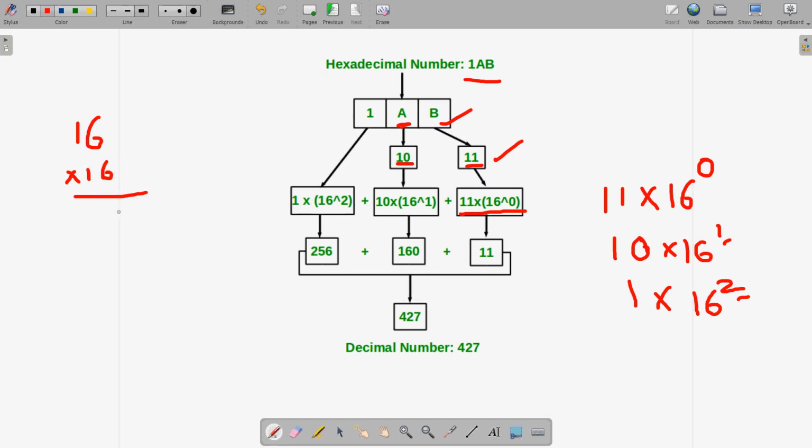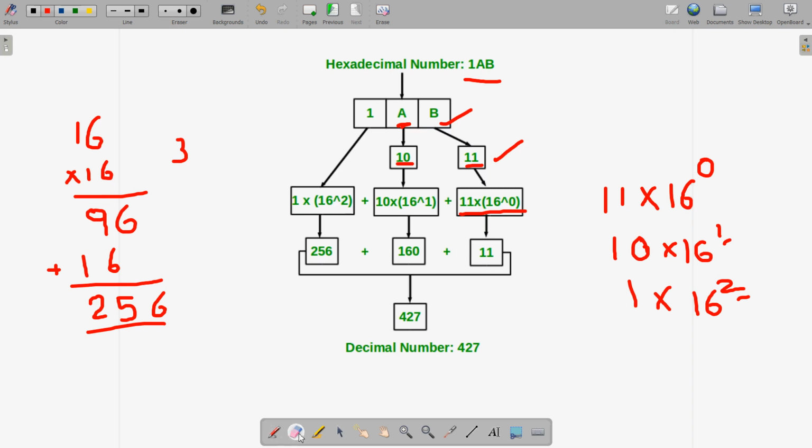So 6 into 6, 36, carry 3, then 6 into 1, 6, plus 3, 9, then 16 again gives 96. If you add, it will be 6, 9 plus 6, 15, carry 1, 1 plus 1, 2. So this way I am making it easy for you. Clear? So this 256 is 16 into 16.